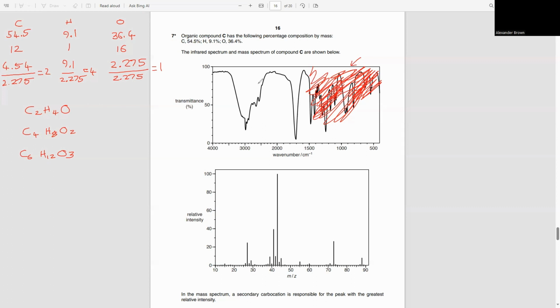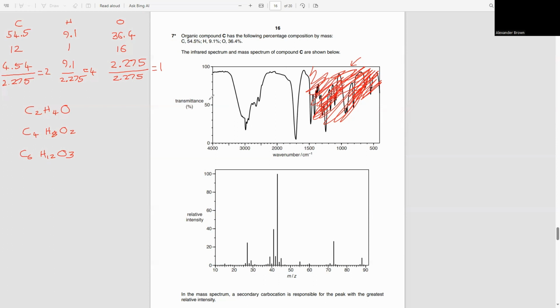Our fingerprint region is below a wave number of 1,500 centimeters to the -1, whereas our region of interest is usually above 1,500 centimeters to the -1.